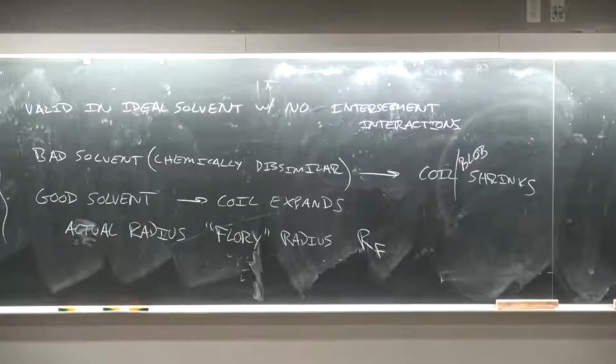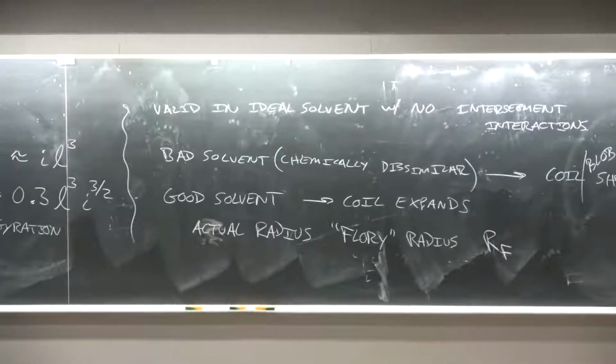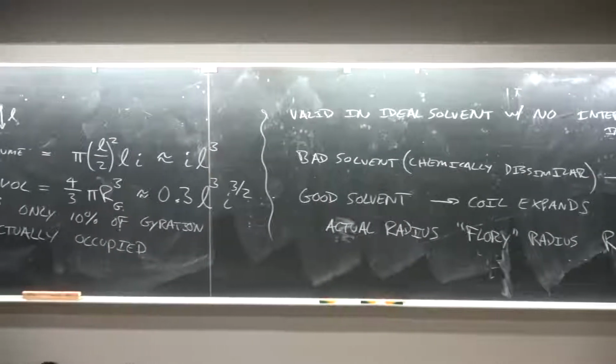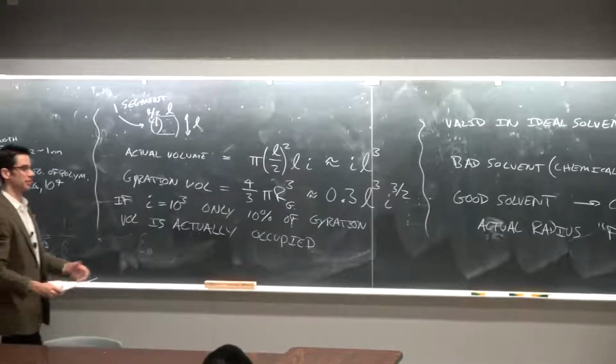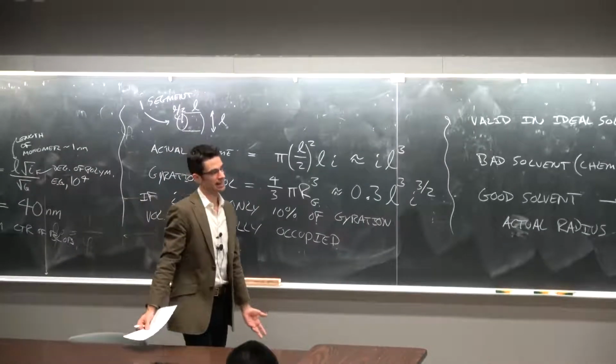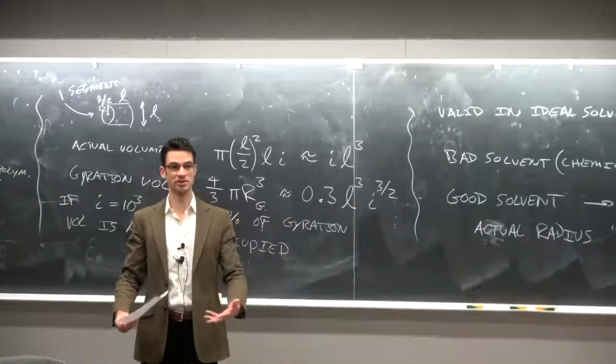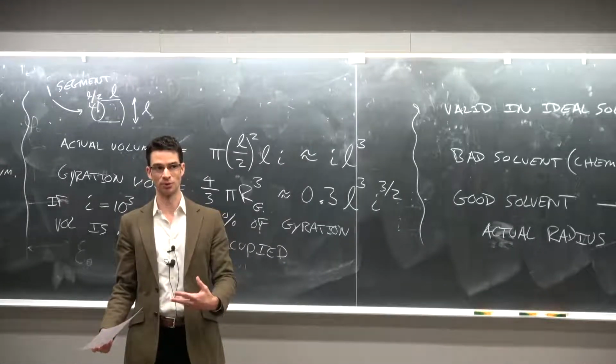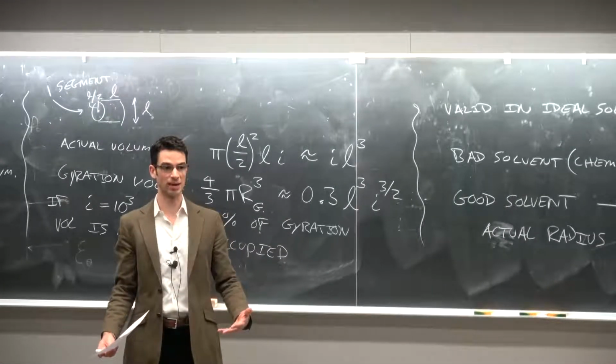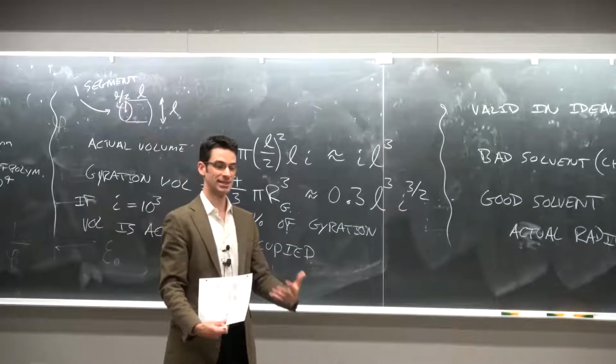Okay, this gives us an idea of the sizes of polymers in solution, but we don't usually engineer polymers for materials applications for their solution properties. We care about what happens to them after we solidify the film.